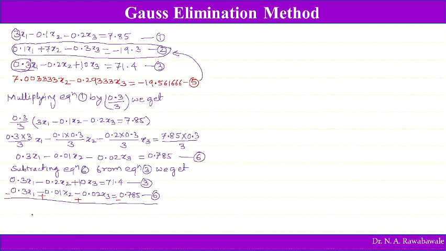So on simplification, we get the first term cancelled, plus 0.3x1 minus 0.3x1.